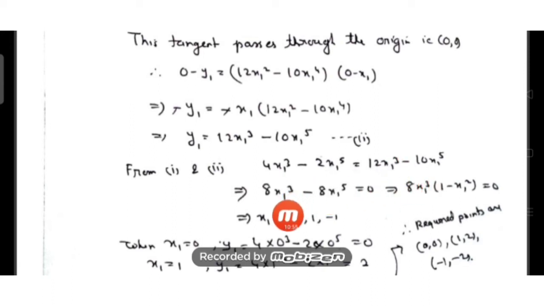On doing the calculation we'll have minus 8x1 cube, and this we bring to the right side, it becomes 8x1 to the power 5. Now 8x1 cube will be common, so 1 minus x1 square will be left. This is equal to 0. Now either this is 0 or this one is equal to 0. It gives x1 is equal to 0, and from this we have x1 is equal to plus minus 1. That is, the x1 values we have got are 0, 1 and minus 1.